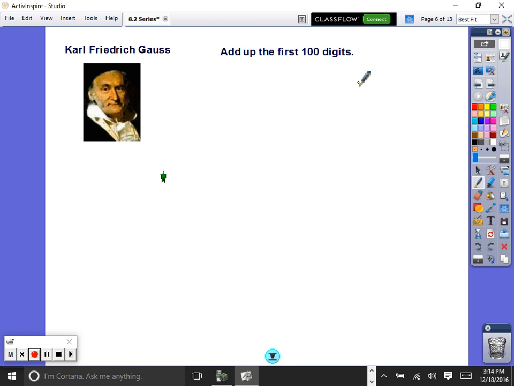And he said, well, you told me I needed to add up the first 100 digits. So I knew it would be 1 plus 2 plus 3 plus 4 plus 99 plus 100. So I thought, what if I take this back number and just start adding it to the front number and keep working my way backwards?